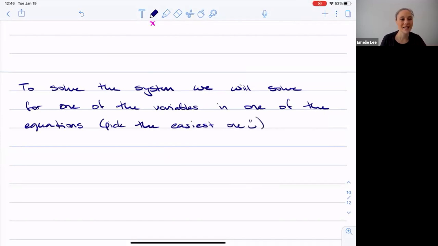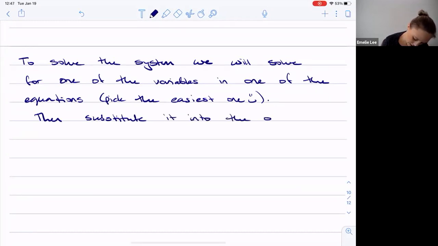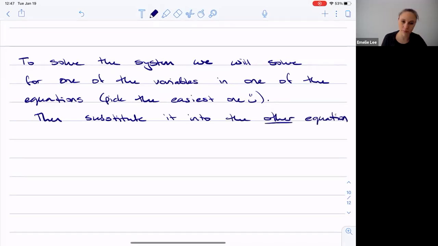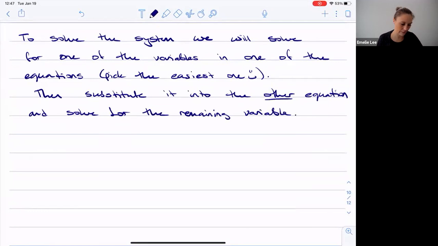Then substitute it into the other equation. You don't want to substitute it back into itself because that's not going to get you anywhere. But then substitute it into the other equation and solve for the remaining variable. Okay.